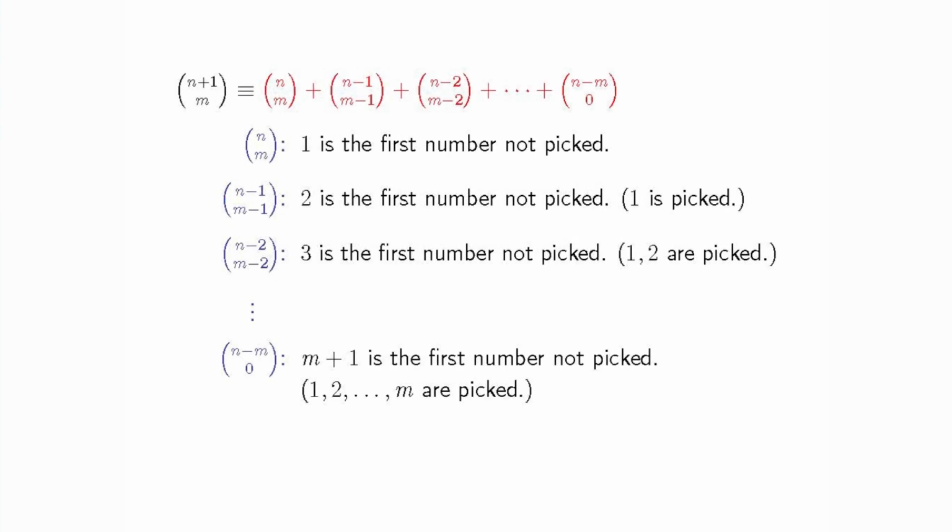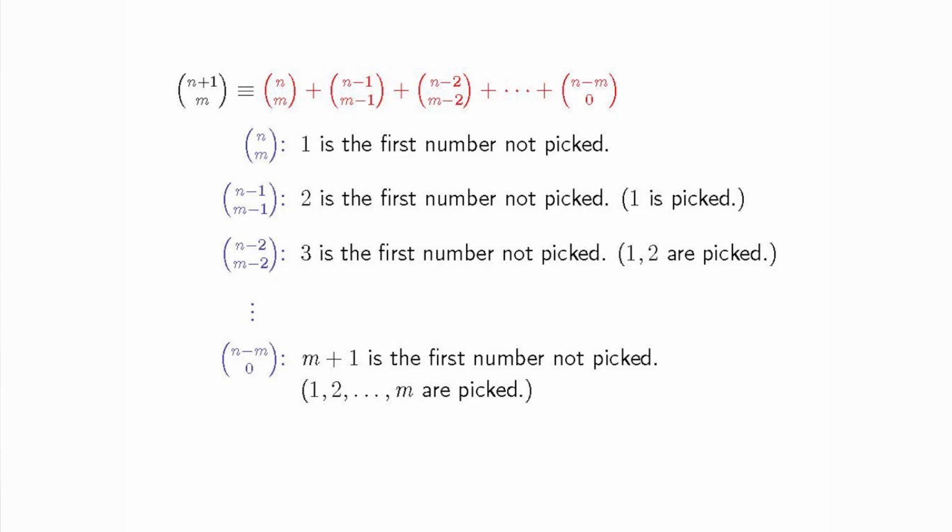My explanation is we have n plus 1 cases. For the first case, the number 1 is the first number which is not selected. For the second case, 2 is the first number which is not selected.